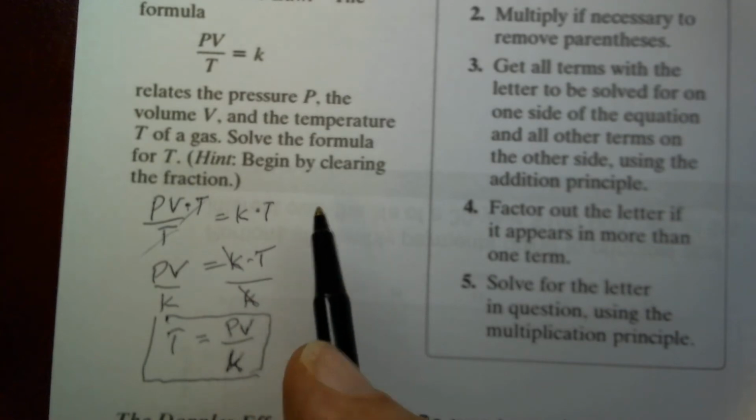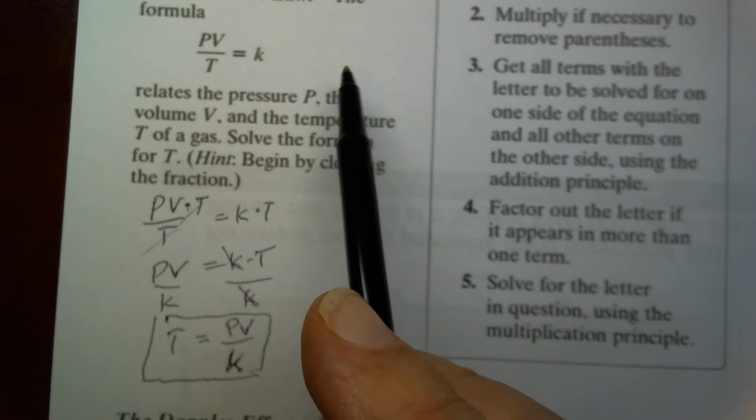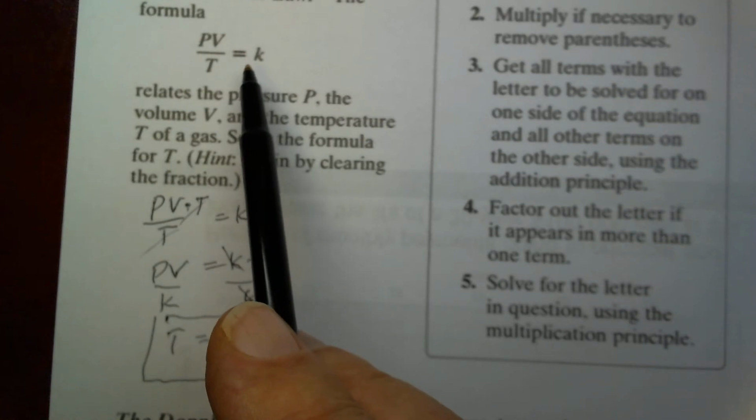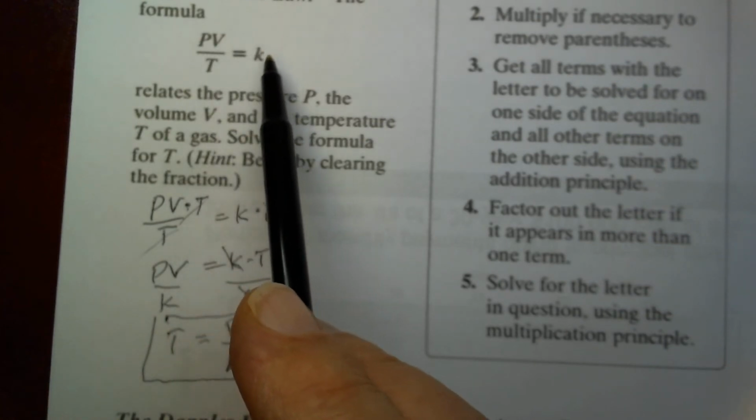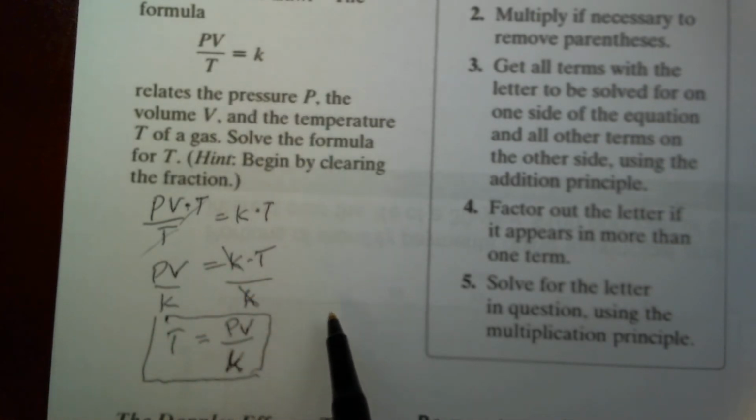So when it comes to formulas, the case of the letter has a lot to do with the formula, so do not change from uppercase to lowercase and vice versa. Leave the letters the way they are.